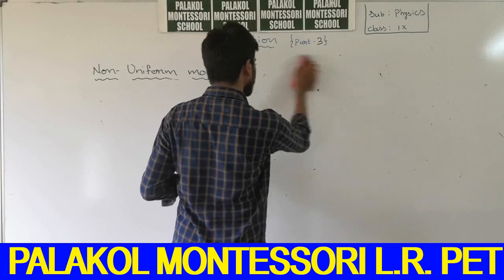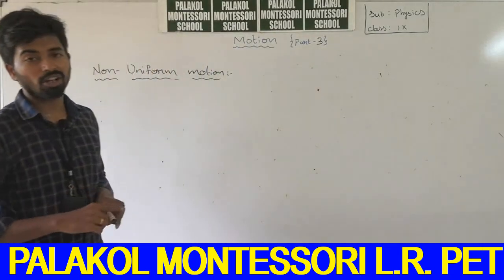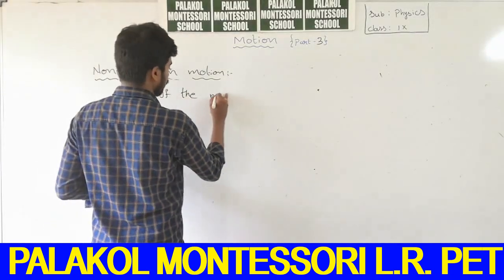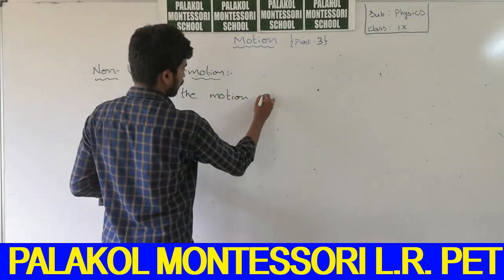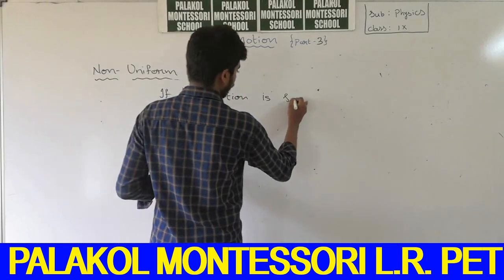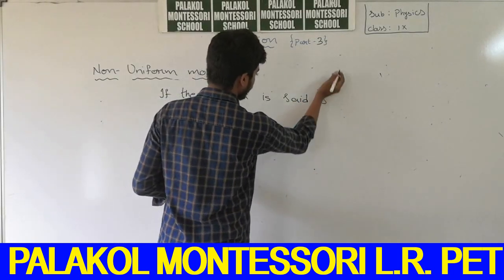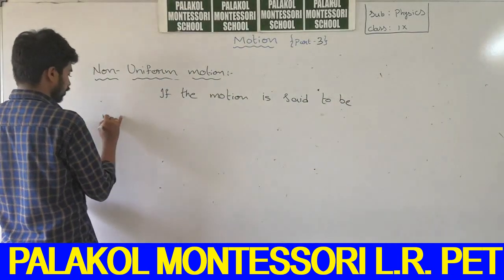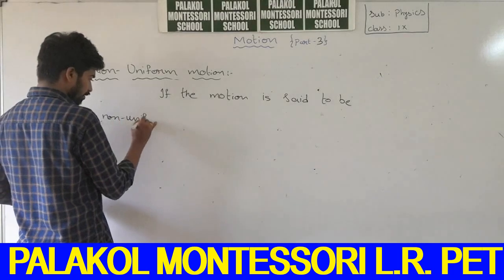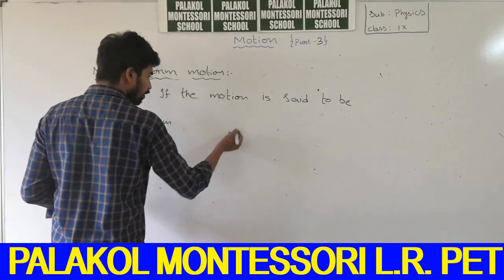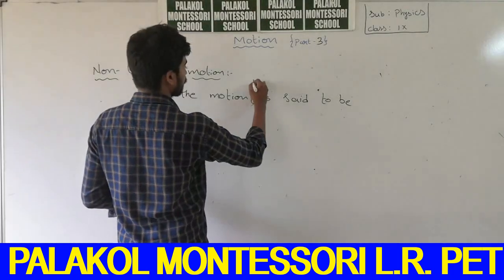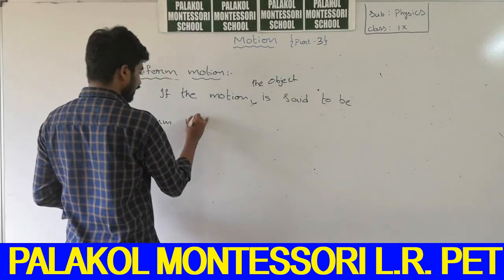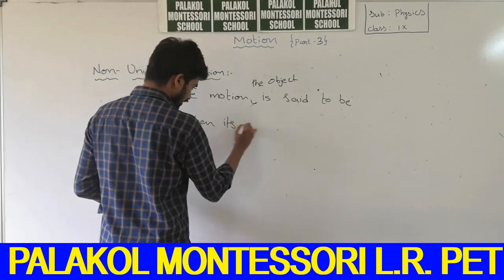The motion of an object is said to be non-uniform when its velocity is changing.